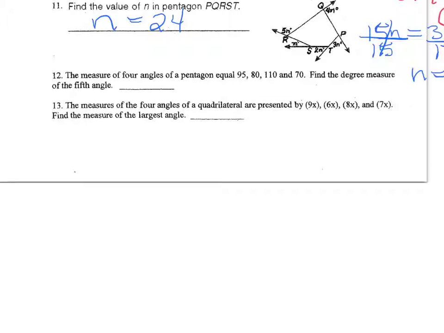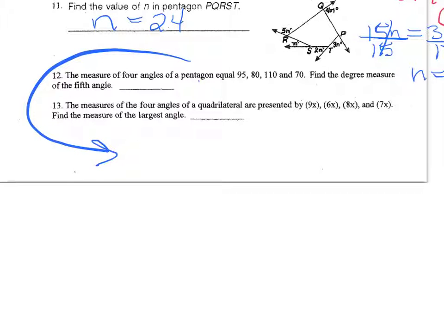Number 12. It says the measure of 4 angles of a pentagon equal, and they give me some measurements: 95, 80, 110, and 70. Find the measurement of the 5th angle. So what type of polygon is this? It's a pentagon, so that is 5 sides.